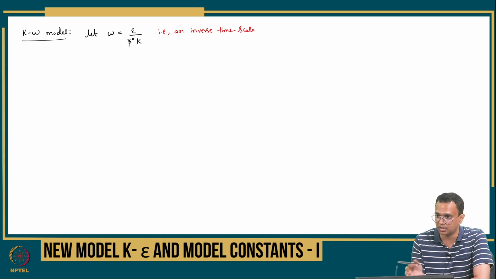The K omega equation I'll come to later. K more or less remains the same in any type of K based model, right? We saw it in Prandtl's one equation model also. Whether it's the one equation K or RNG K epsilon, the K remains the same, just the constants are different. Or you take standard K epsilon or K omega, K more or less remains unchanged. It's the second equation which is slightly different.